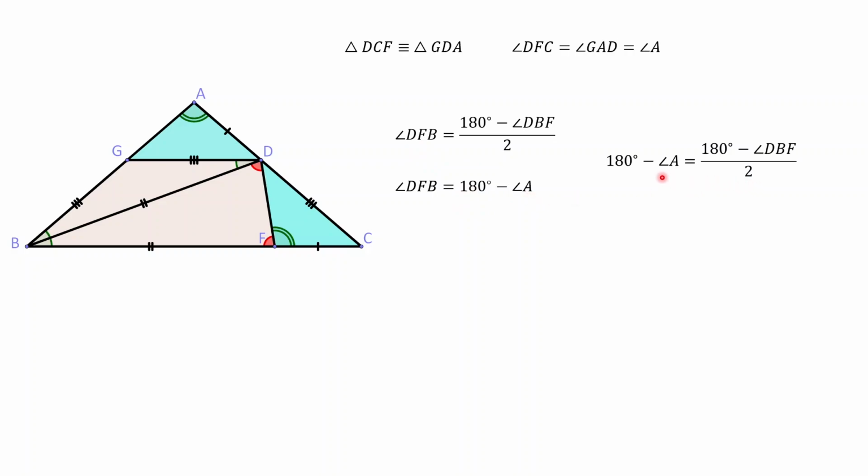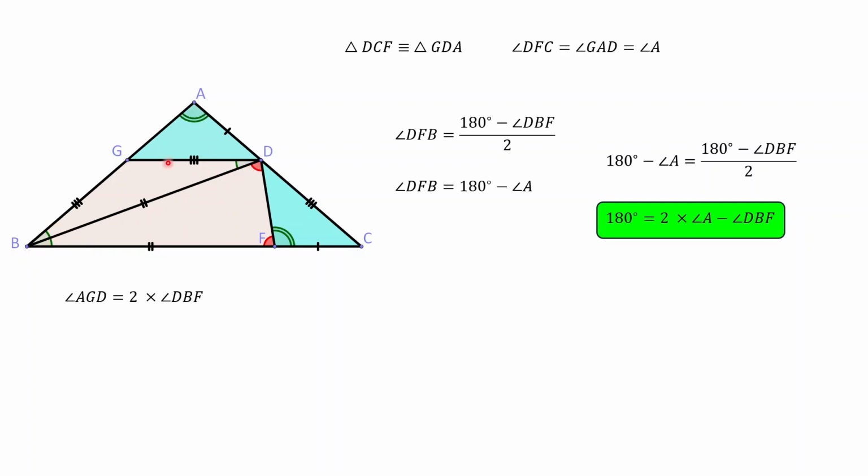And we can multiply. This one comes here, it is 360, with 180 disappearing. 2A can go to the other side. So we know that 180 degrees is equal to 2 times angle A minus angle DBF. All right. What else do we know? We know that this angle is equal to this angle, and this one is double DBF.